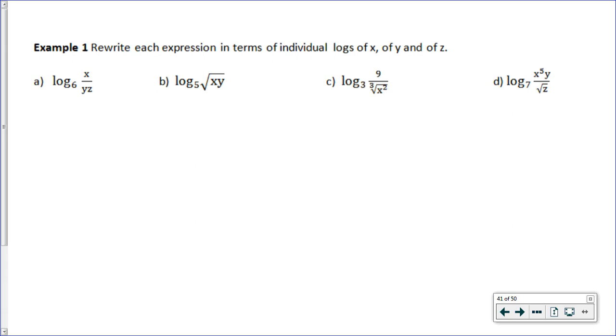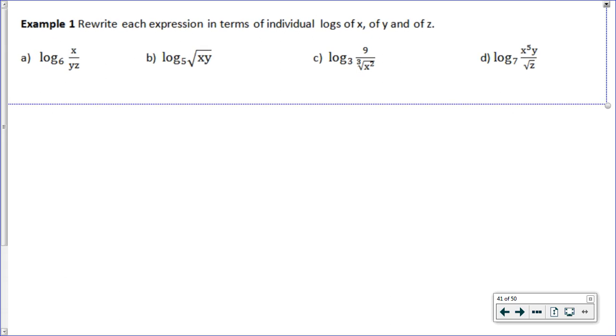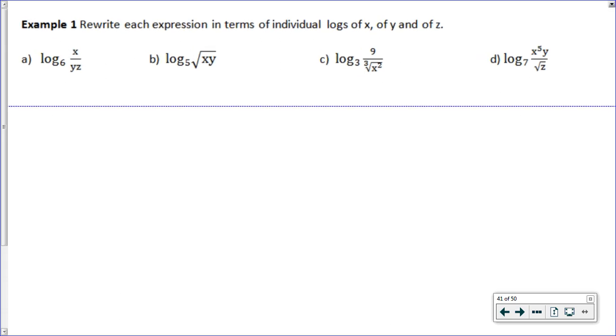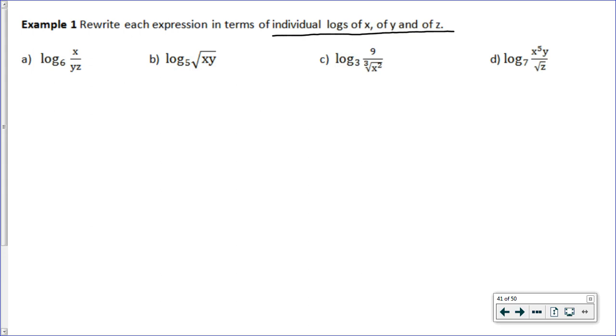So next, we've got a couple of examples, and we're going to rewrite them by separating them out into individual logs of x, y, and z. Here the base is 6. I've got x over yz. So I'm going to separate this as log base 6 of x minus log, again base 6, that doesn't change, of y minus log base 6 of z.